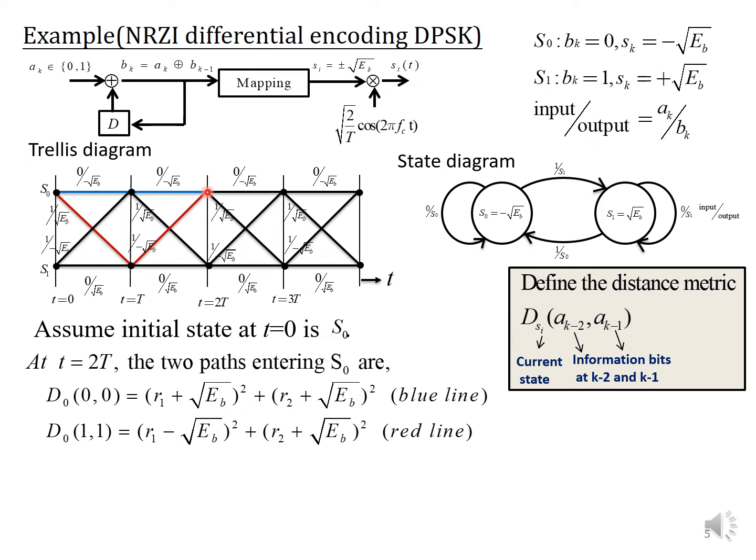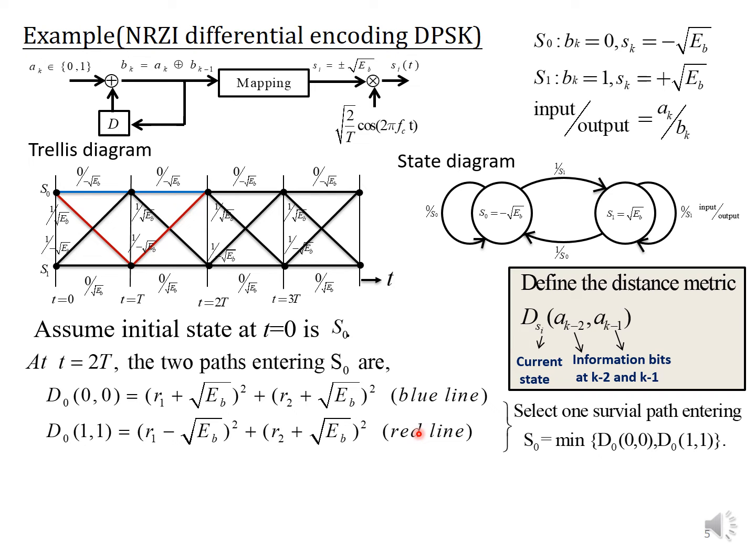How many possible paths are there? There are 2 possible paths: this blue path from S0 to S0, and this red path from S0 to S0. So there are two pairs, that is 0,0 or 1,1 for the a_k. There are two possible paths, the blue line and the red line.